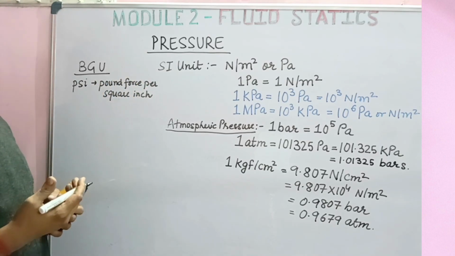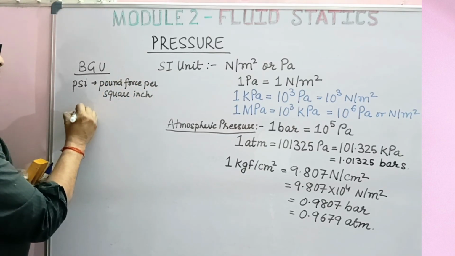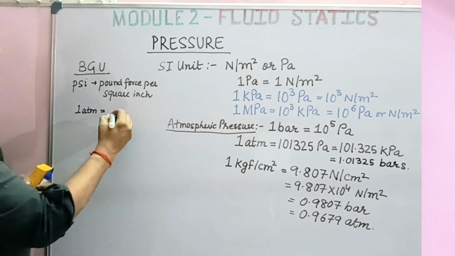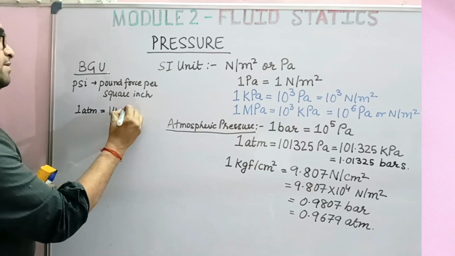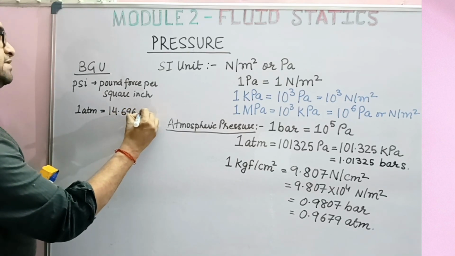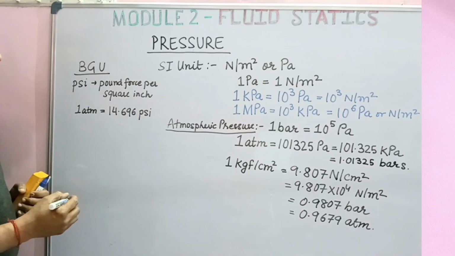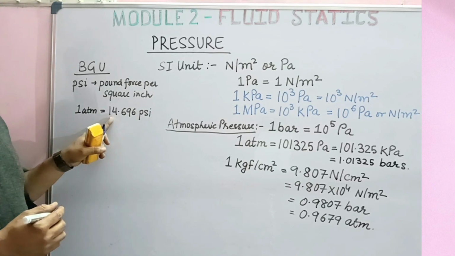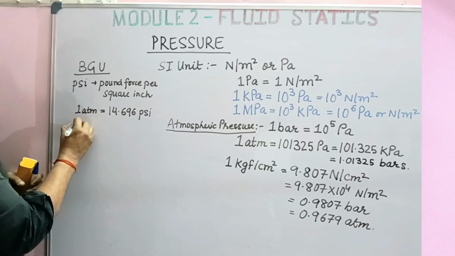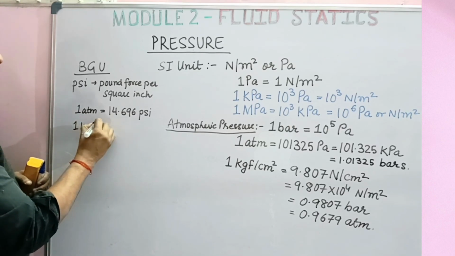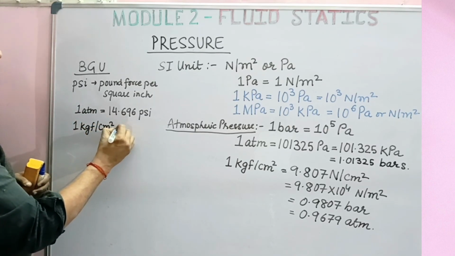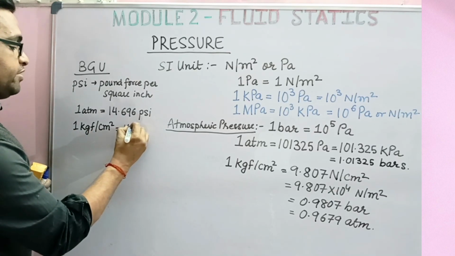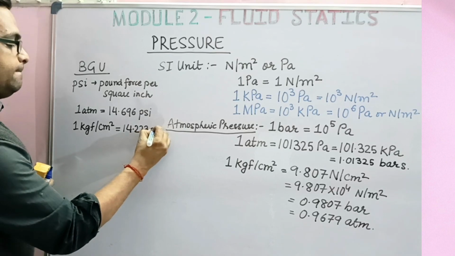Now 1 ATM is equal to 14.696 psi. So an atmospheric pressure in terms of psi will be equal to 14.696, and also 1 kilogram force per centimeter square will be equal to 14.223 psi.